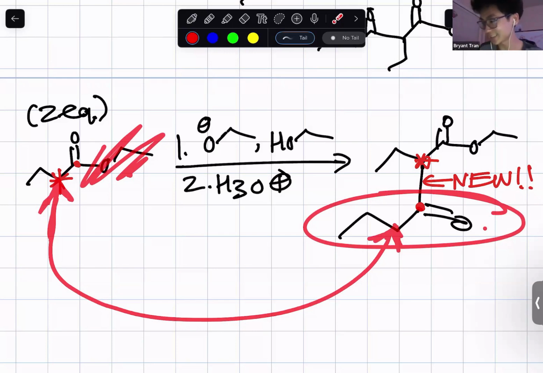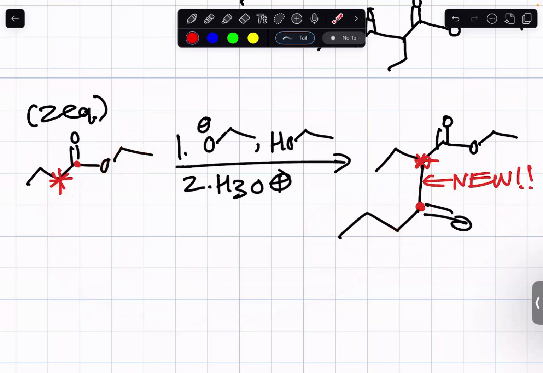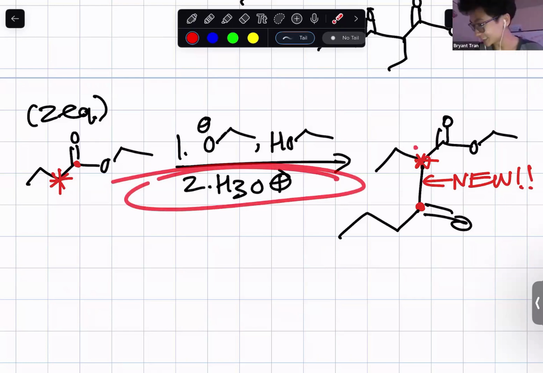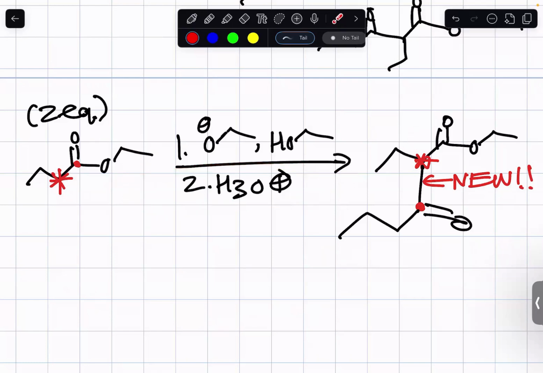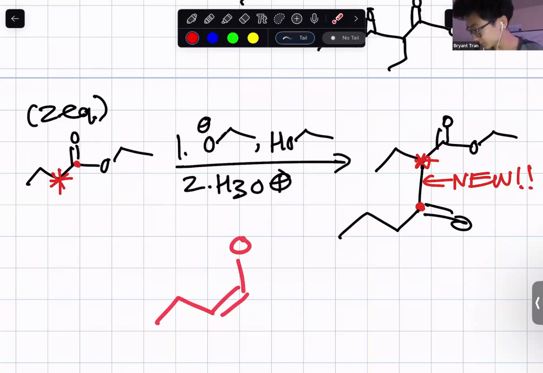Okay. So if there was no acid workup, would that carbonyl just be an O minus? Yes. If there was no acid workup, this alpha carbon here would be O minus. Oh, the alpha. This alpha carbon here, yes. Okay. Or you could draw it like this.